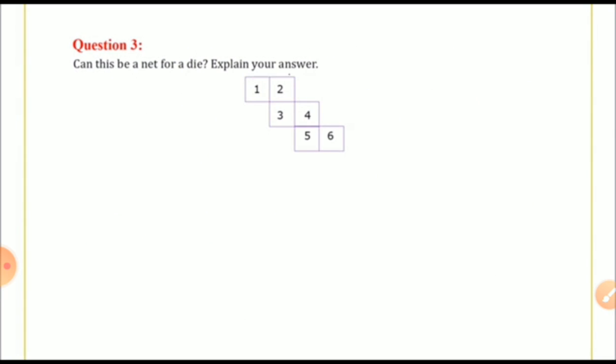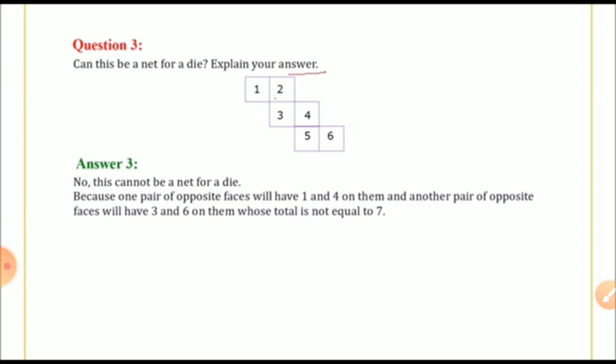Can this be a net for a die? Explain your answer. No, this cannot be a net for a die. Why? Because one pair of opposite faces will have 1 and 4 on them, and another pair of opposite faces will have 3 and 6 on them, whose total is not equal to 7.